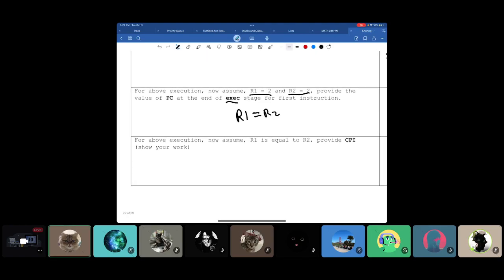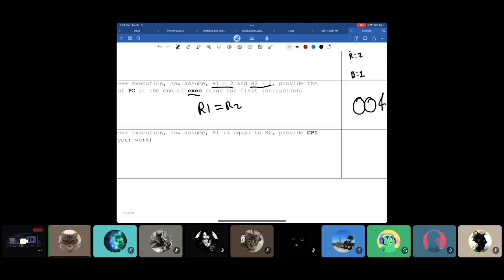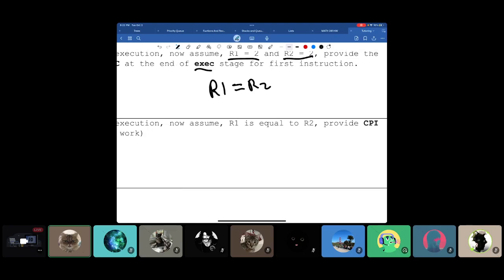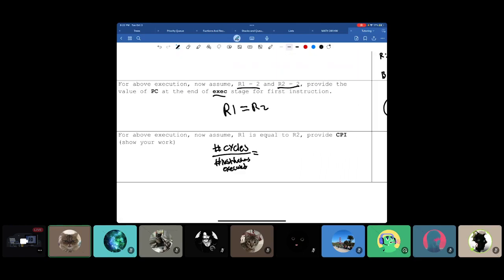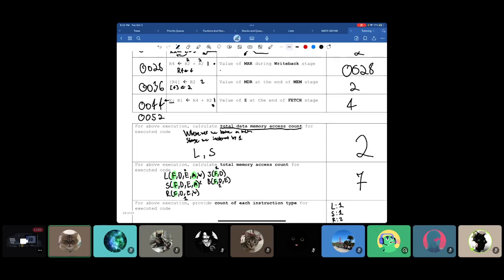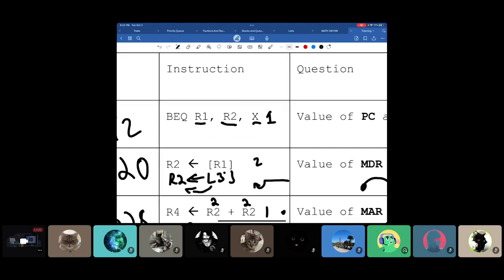Okay, and then it says for above execution, now assume R1 is equal to R2, provide CPI. So I believe the CPI is the number of cycles over the number of instructions executed, right? And it's saying, assuming that R1 and R2 are equal, what would be the CPI of that program? So if it's equal, we're going to run this line of code, but then we're also going to branch to X. So that's one line, that's one cycle.